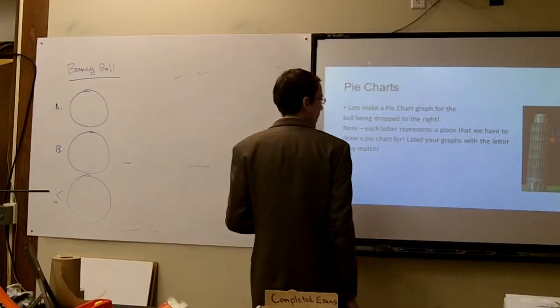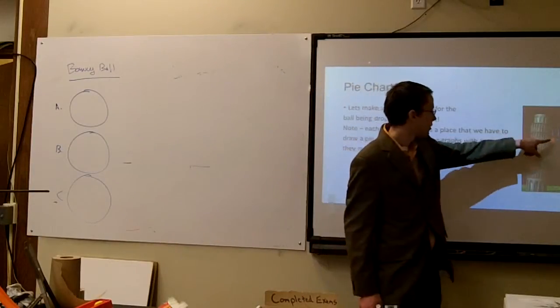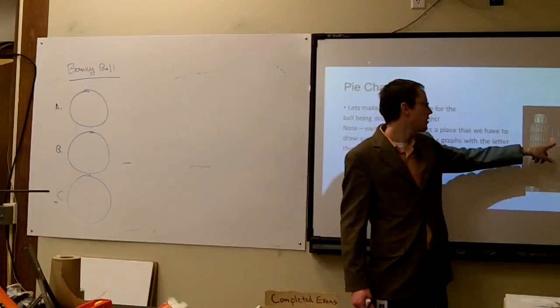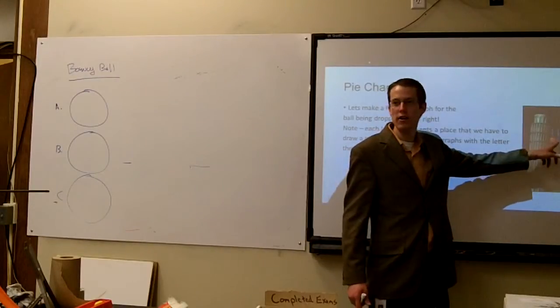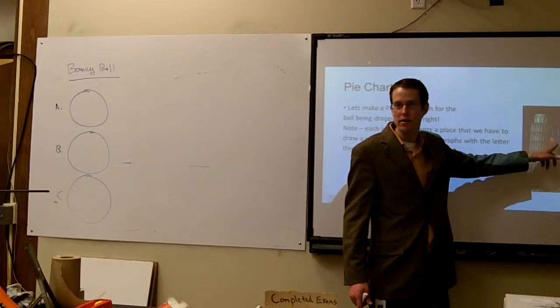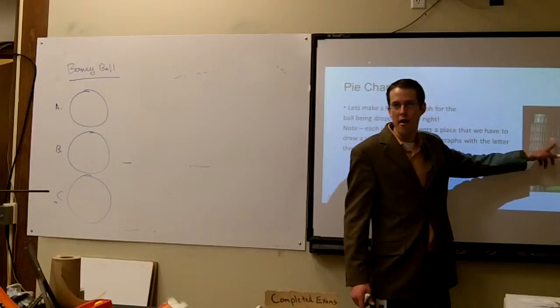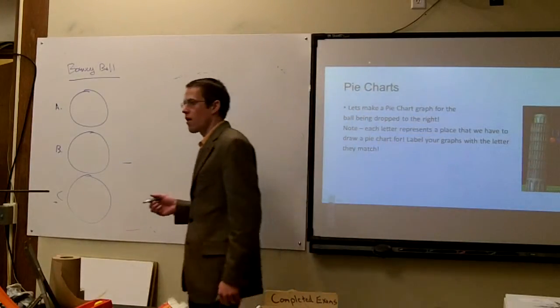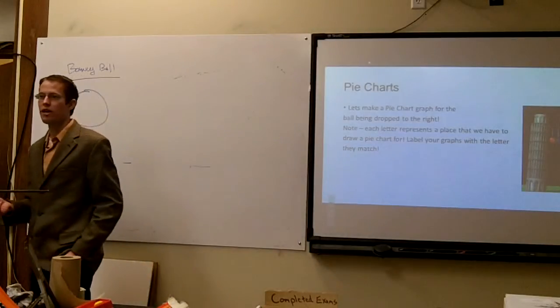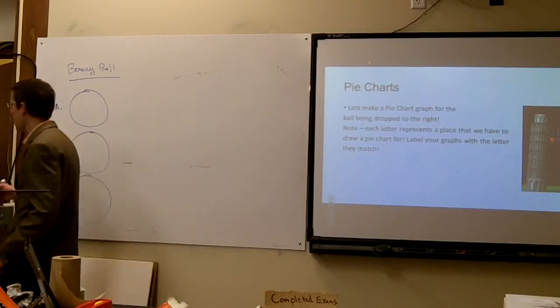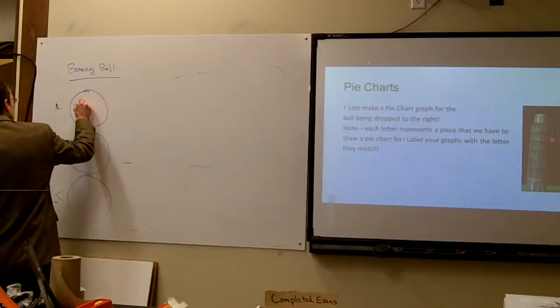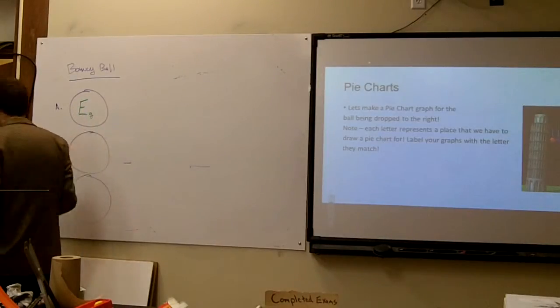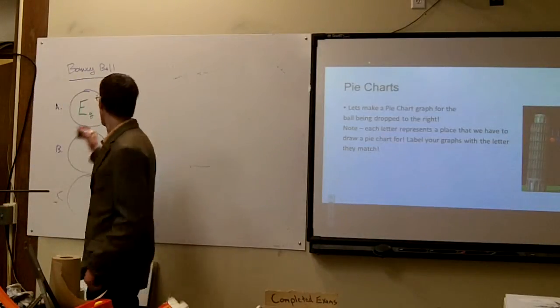So at position A, at its high point, what kind of energy does it have? Gravitational potential. Now, here's how I'm going to mark gravitational potential. I'm going to call it EG, because it's a whole lot less to write, and I'll put that in the notes.